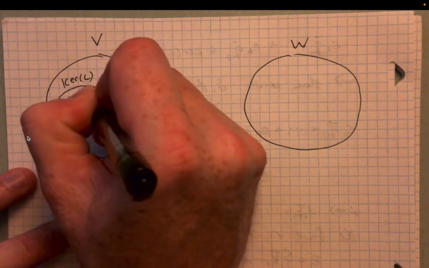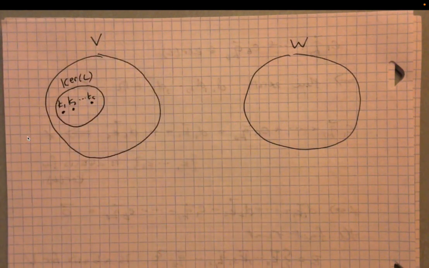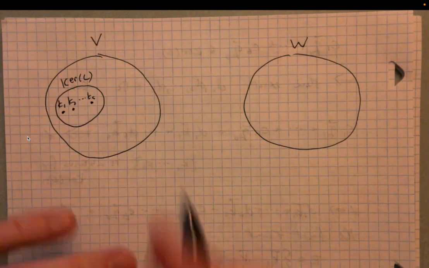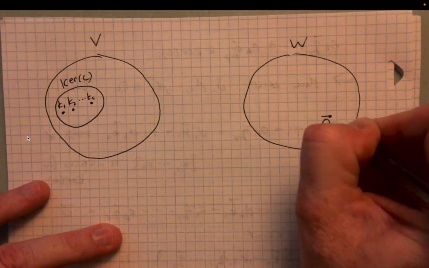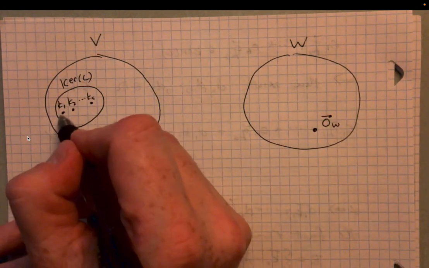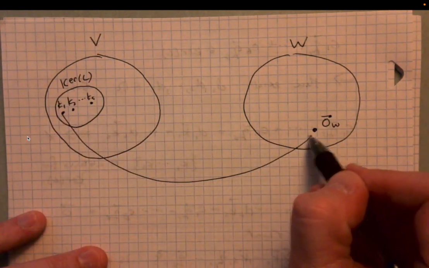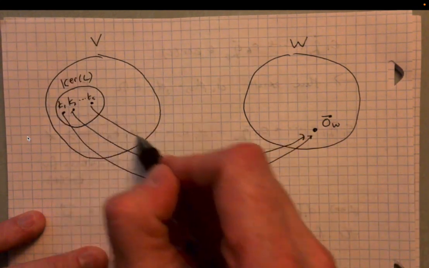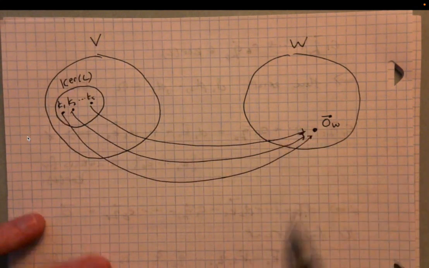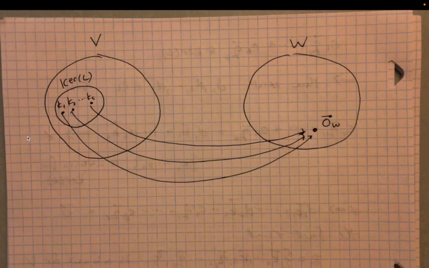We'll call those basis vectors. All of those basis vectors map to a single vector in W, which is the 0 vector. So all of these go to the same place, and all of those vectors that map to the 0 vector we call the kernel.